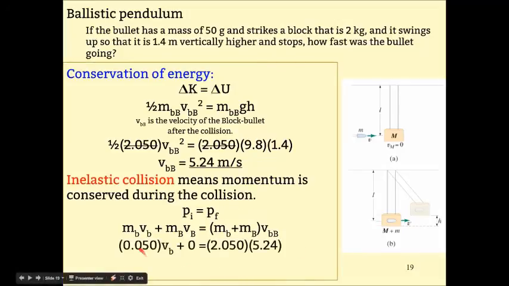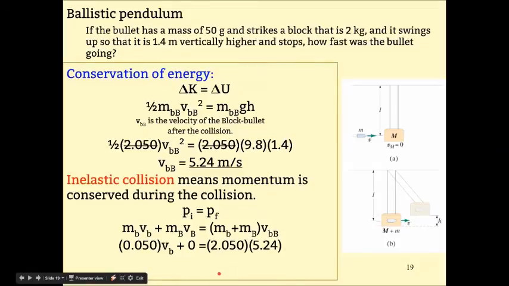Put in the numbers. Reminder, of course, for the grams, we have to make sure we're in kilograms. This is the velocity we're trying to find of the bullet. We have no momentum of the block because it's hanging still at the beginning, and then there's the combined mass and the velocity we just found.